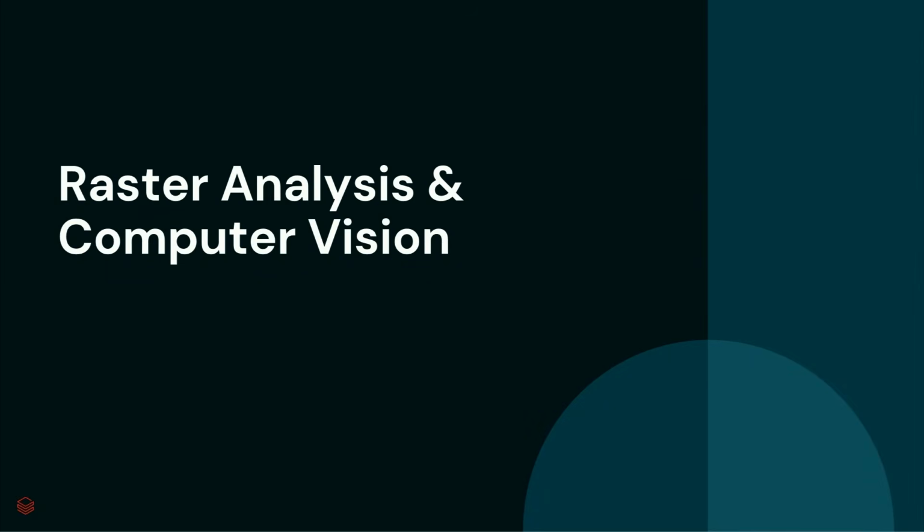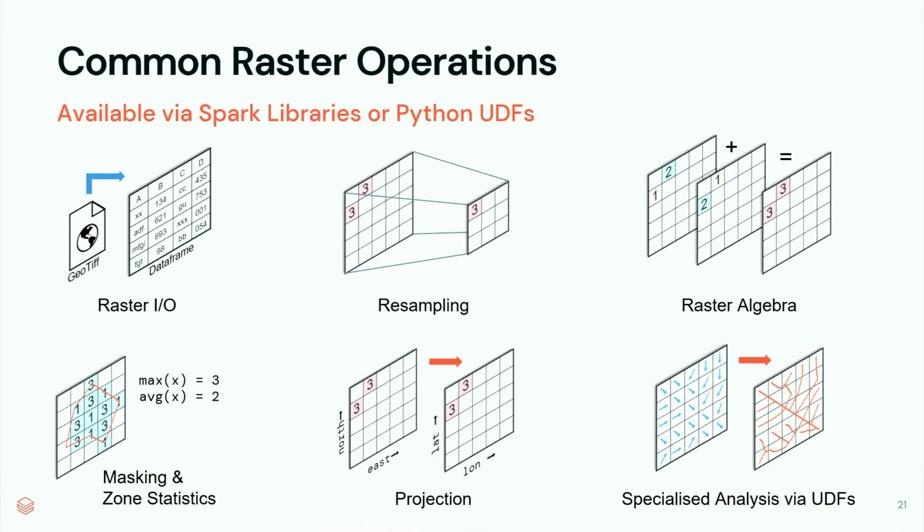Okay, in terms of raster analysis, again, there's wide support for a lot of the basic operations you might want to do. Things like raster IO, so reading those standard formats, such as GeoTIFFs, and bringing that into the platform.